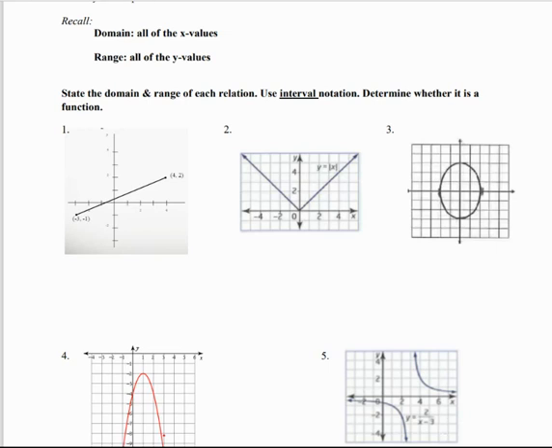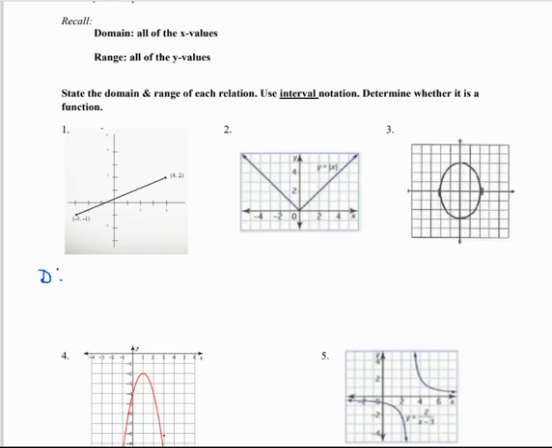So for the first one, we're looking at our x values for domain, right? So we look from left to right. What's the furthest we go to the left? In this case, there's no arrow, right? It is stopping, and so it's a line segment that we have. So the furthest I go to the left is right here, and that's at the x value of -3.